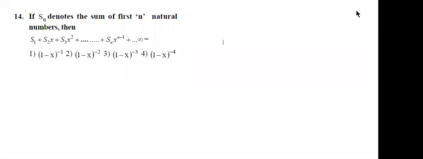If Sn denotes the sum of first n natural numbers. See what the question has given. S1 means only one natural number. S2 means the sum of two natural numbers. S3 means the sum of three natural numbers, and so on.